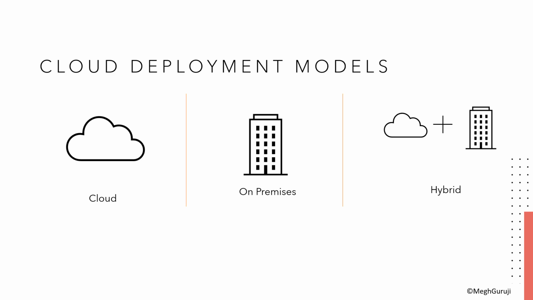That is one deployment model. The second one is on-premises, our traditional data center model, where your application is deployed in an on-premises data center set up by you. The third one is the hybrid, where you have something in the cloud and something on-premises.